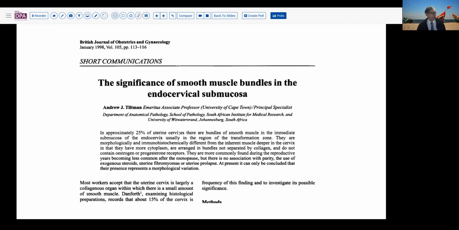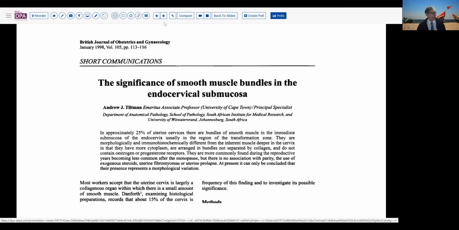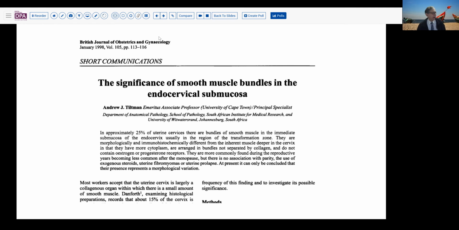While it certainly appears to be benign, I was quite struck by it. I'd be interested to know what your experience is, whether you've seen this, and whether you would term it a metaplasia, which he concluded was not likely given the status. He also noted that it seemed to decrease with age, and the prevalence of smooth muscle findings in patients over 60 was much lower than in patients in their mid-30s and 40s.